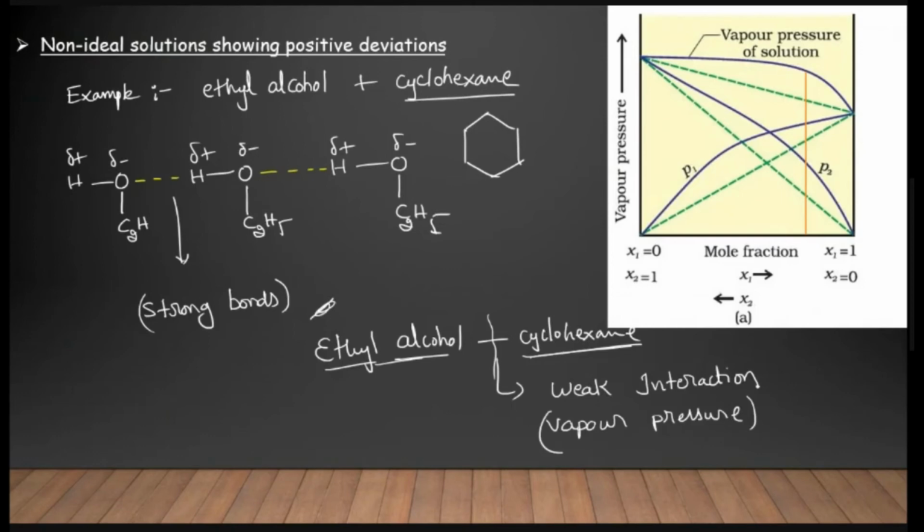Due to the increase in vapor pressure, there is a positive deviation from the ideal solution curve. So this is about the non-ideal solution showing a positive deviation from Raoult's law.